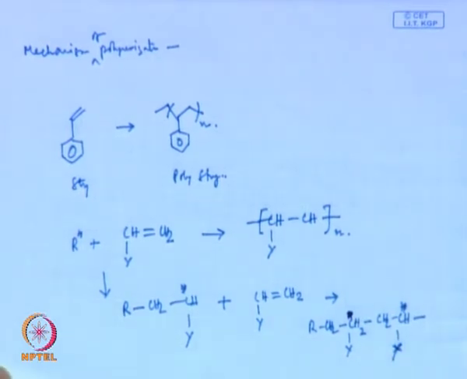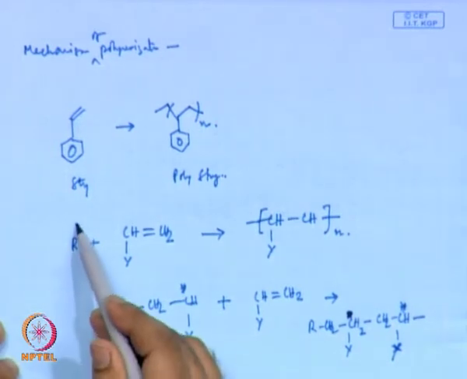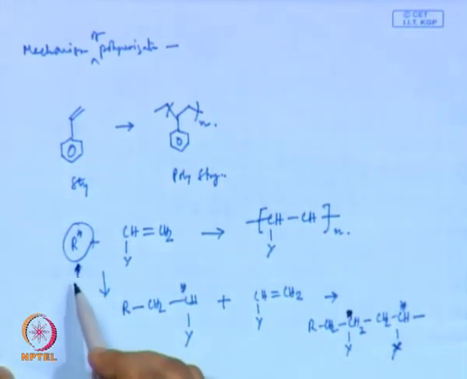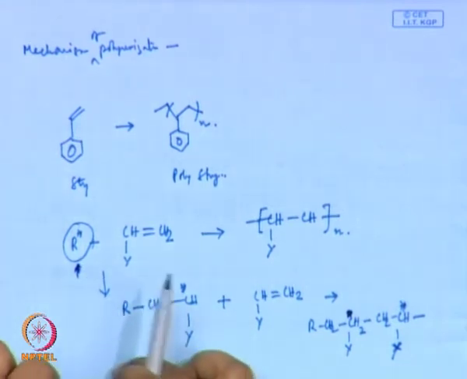Now, in the general case, the formation of these active species is much slower compared to this step, which is basically the propagation step of the polymer by which the chain is formed, which means as soon as this active species is formed, it initiates and the chain formation is completed.